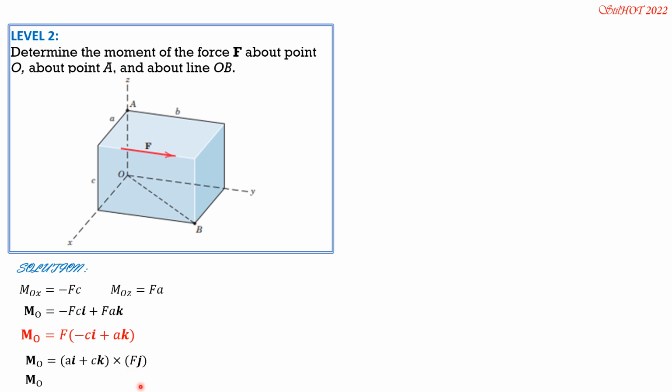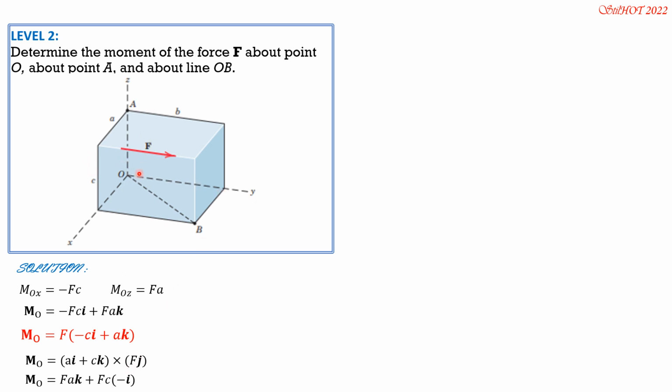So we have Fa, I cross J, then Fc, K cross J. Again, I cross J, I, four fingers here, curl it towards the y-axis. Your right thumb will be pointing the z-axis, and that is K. So I cross J is K. K cross J, your four fingers would be here, curl it towards the J or y-axis.